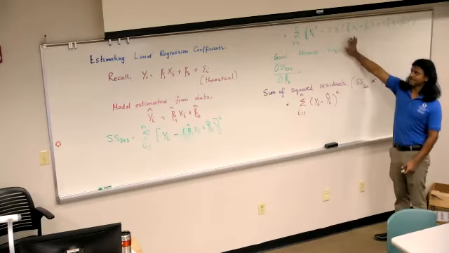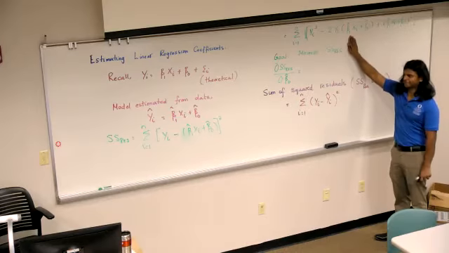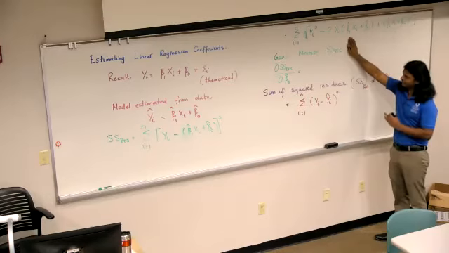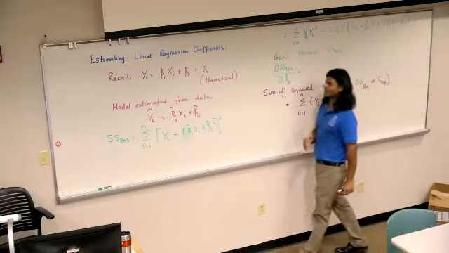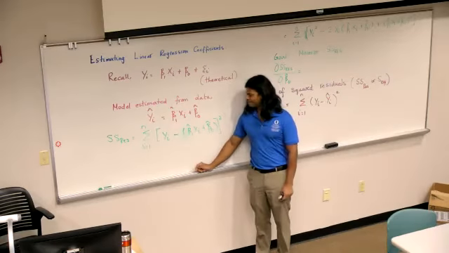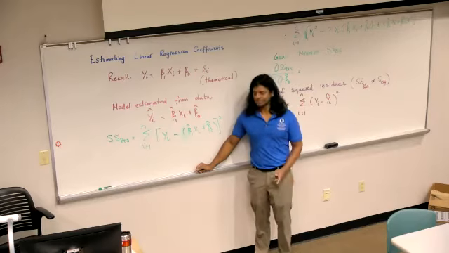Sure, I can take the derivative of this expression, but we did certain things in calculus for a reason. Of the two, taking the derivative of this part is easier. What rule should you use? Chain rule.